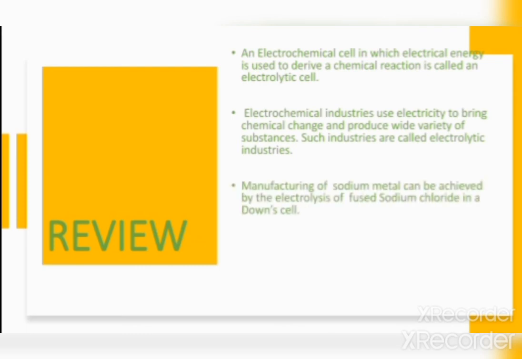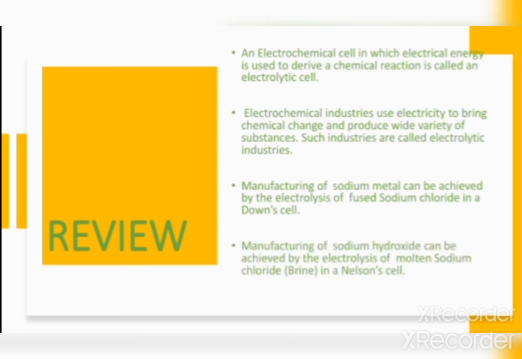Manufacturing of sodium metal can be achieved by the electrolysis of sodium chloride in fused form in a Downs cell. Manufacturing of sodium hydroxide can be achieved by the electrolysis of sodium chloride solution, also known as brine, in a Nelson cell.